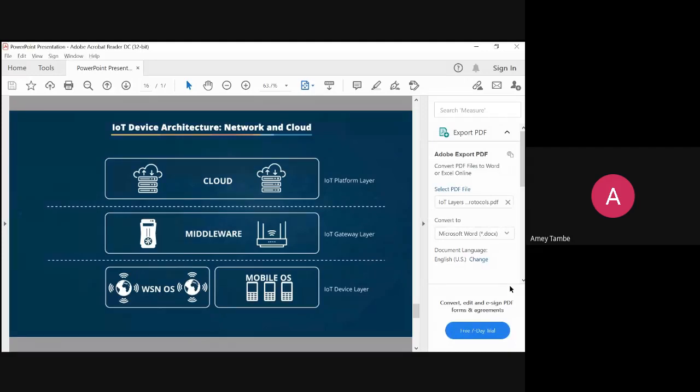Now on the final stage, this is the final slide we have. This is what the architecture needs to look like. At the bottom we need to have an IoT device layer, then a middleware which is the gateway, and finally a cloud where the IoT platform is, where our devices are operating, or we can control our device from the cloud, right?